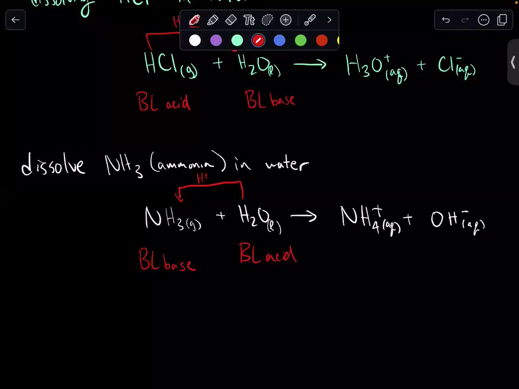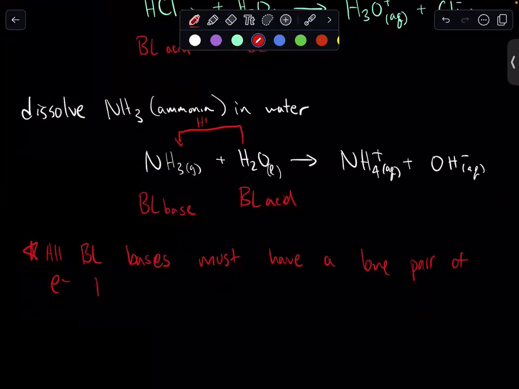The important thing about all Bronsted-Lowry bases, and for most bases that you ever interact with, is that they must have a lone pair of electrons to accept the proton.